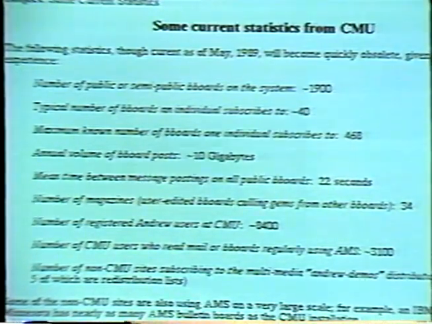There are currently 34 user-edited magazines available at Carnegie Mellon, and the number of registered Andrew users at CMU in all is 8,400. Of those 8,400, approximately 3,100 use the Andrew message system virtually every week to read mail or bulletin boards. Finally, another measure of the distribution and scale of the Andrew message system is the number of non-Carnegie Mellon sites that are using the system.